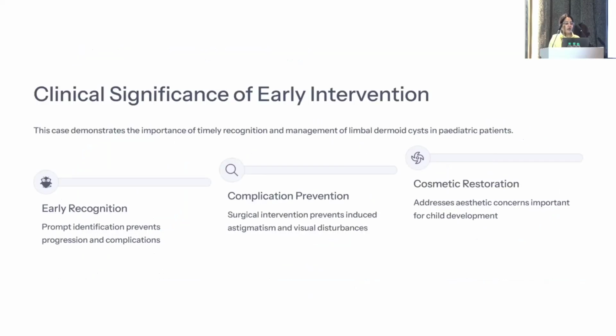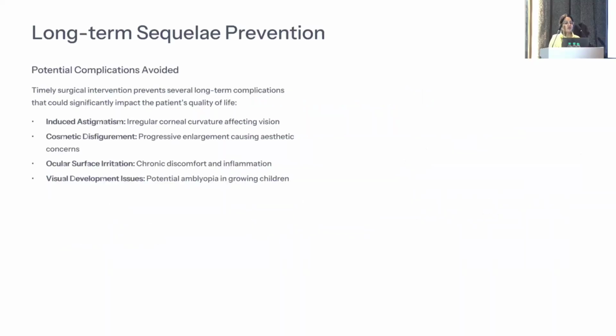Early recognition can prevent the progression and complications like astigmatism, and it will correct the aesthetic concern of the patient also. Long-term sequelae prevention can be done if we intervene early, as it induces astigmatism, cosmetic disfigurement, ocular surface irritation, and affects visual development.